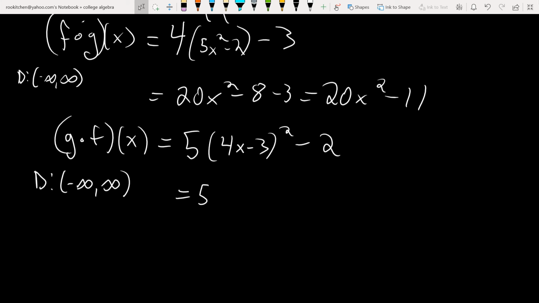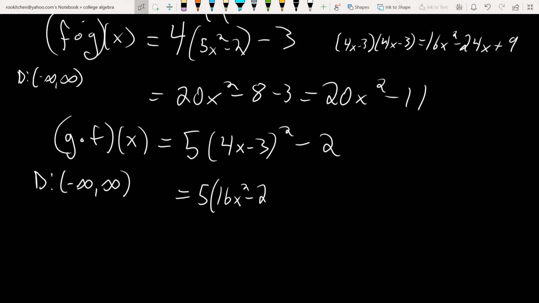Let's go ahead and FOIL that. So at the top right, I'll go ahead and FOIL. So I have 16x squared minus 12x minus 24x, and then plus 9. And then minus 2.